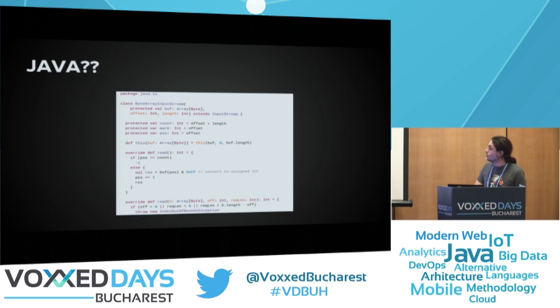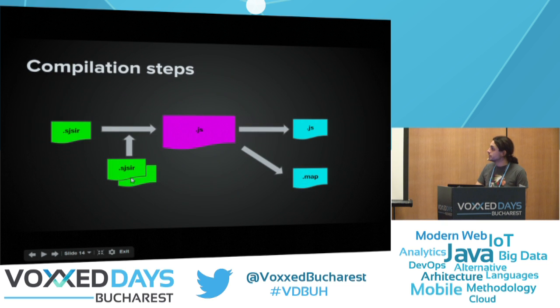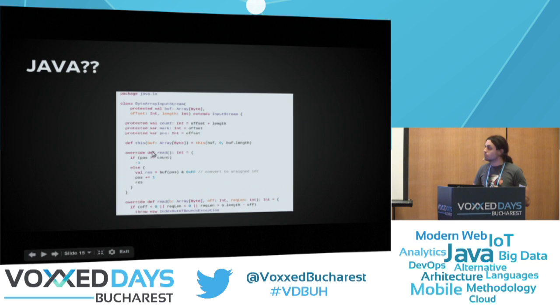Right, so in fact it's even more funny because when you see here, we have to have this intermediate JavaScript representation of all the libraries that we use, including normal Java libraries from the standard library. So the creators of Scala.js had to re-implement most of the standard libraries that they wanted to use.